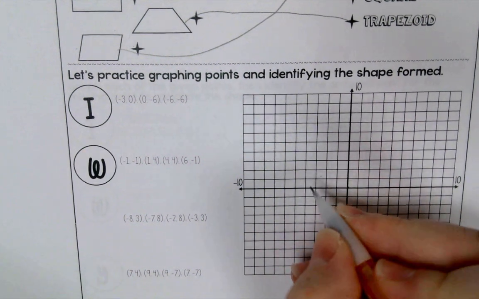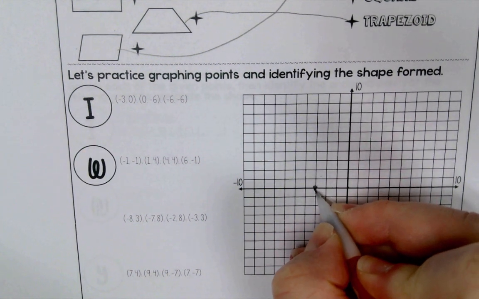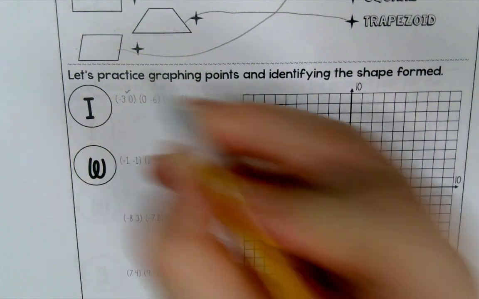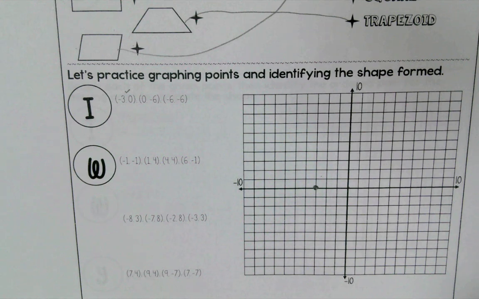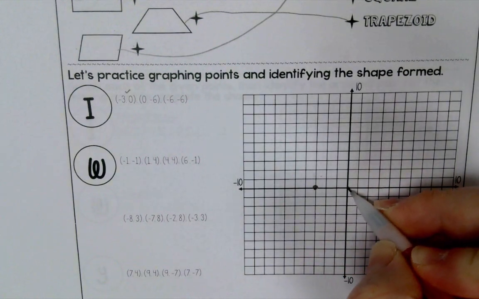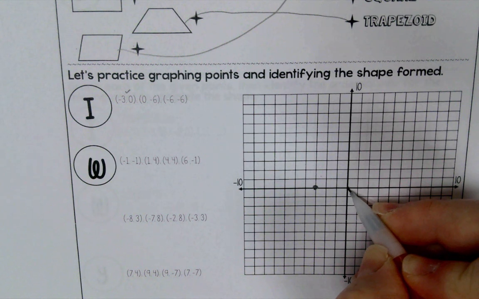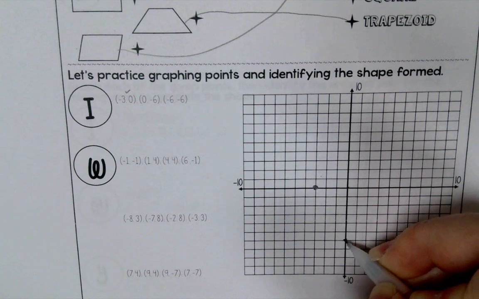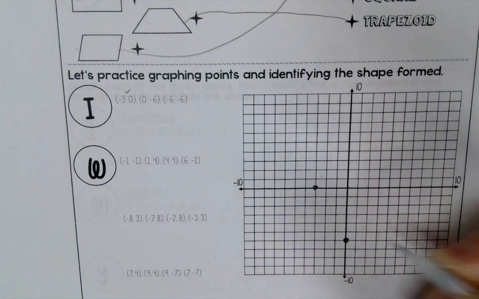So I stay on the x-axis and make a point. Remember, make it heavy and dark so we can see it. I'm going to put a little checkbox to say I have graphed it. 0, -6. So starting here at my origin 0, which means I'm not going left or right, but -6 I'm going down. 1, 2, 3, 4, 5, 6. -6. Okay?